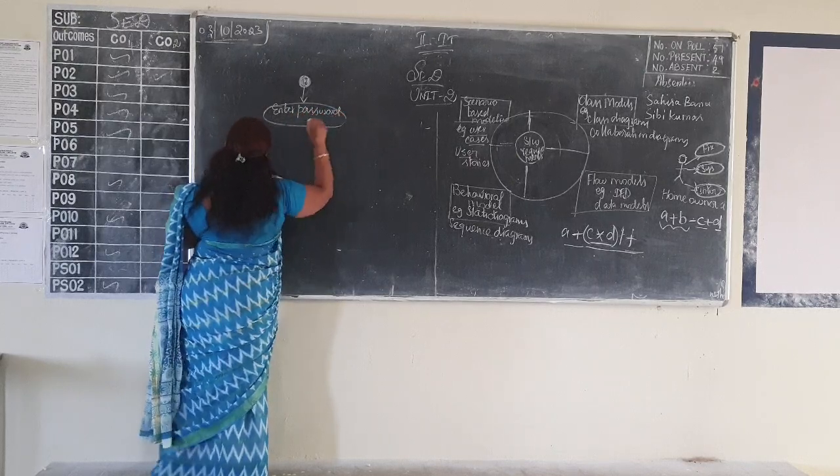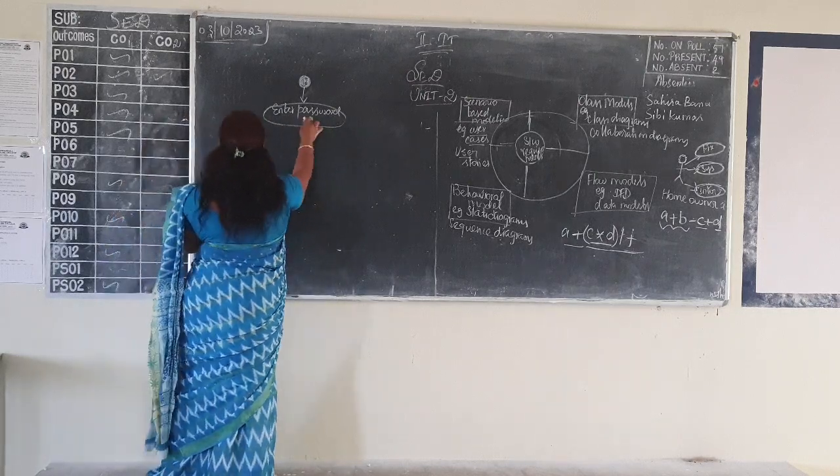That is what is called a UML activity diagram.